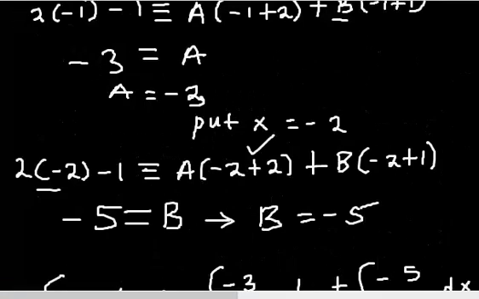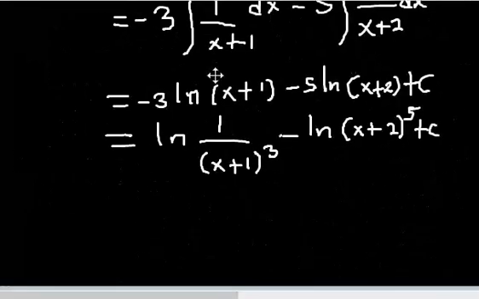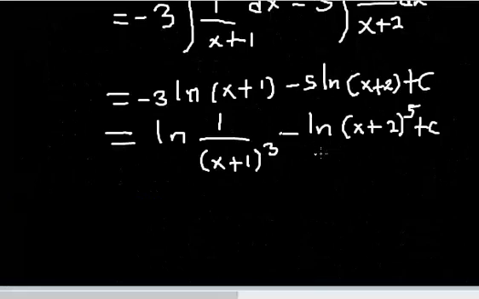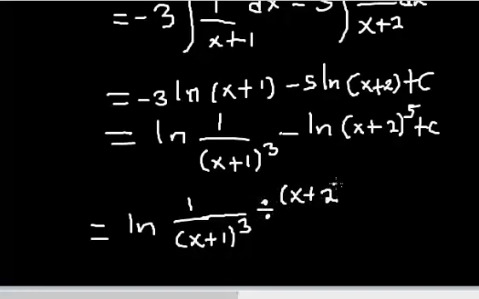Now the division law, because here I'm dealing with minus, so there's going to be division. So there's going to be ln of 1 all over x plus 1 raised to the power of 3, then divided by x plus 2 raised to the power of 5, plus c.